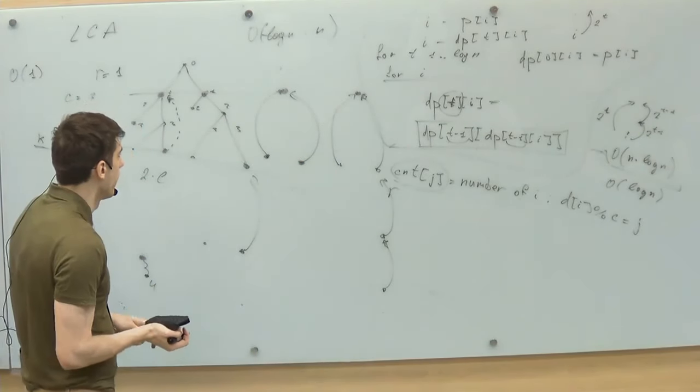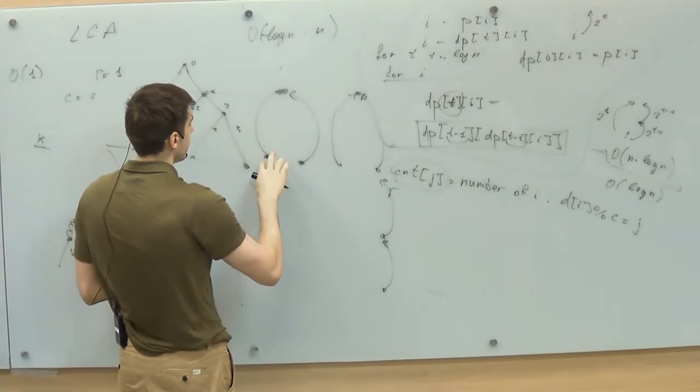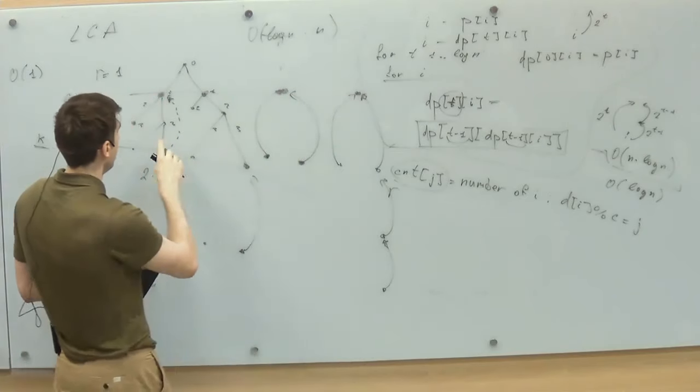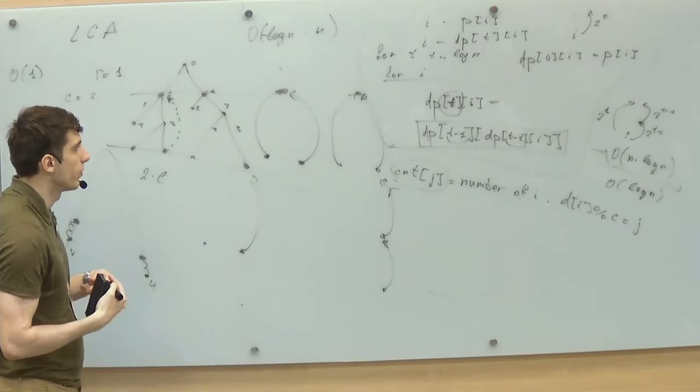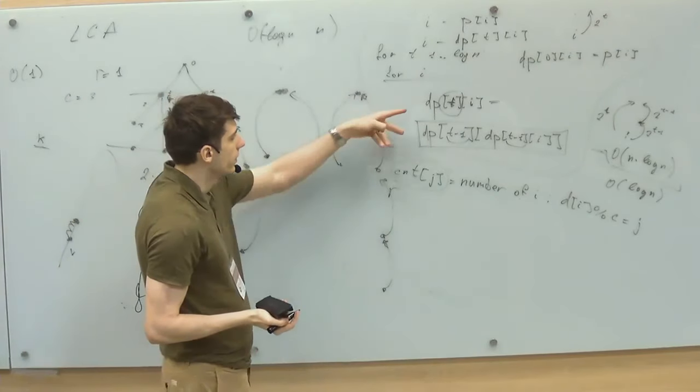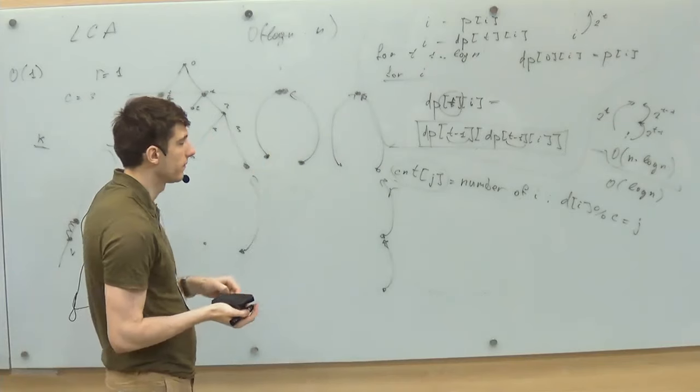But still, once we find the nearest special ancestor for each special vertex, we will do the binary lifting approach for all special vertices.